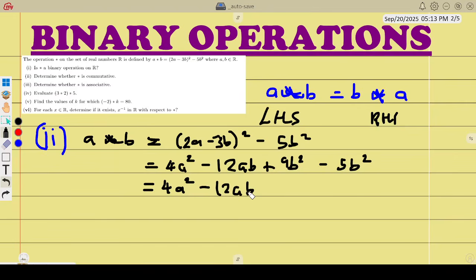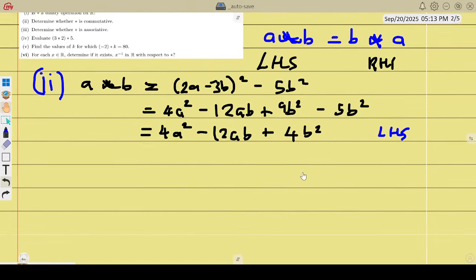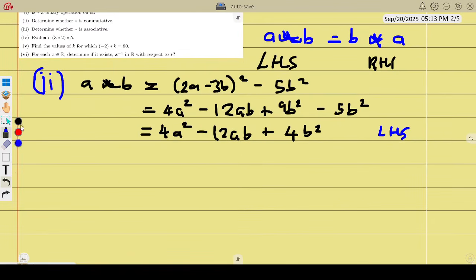Remember, you can also use the other long method and you still get this. So this is our left hand side. We cannot simplify further, there are no like terms. So we go to the right hand side.